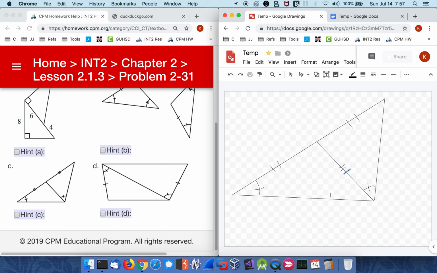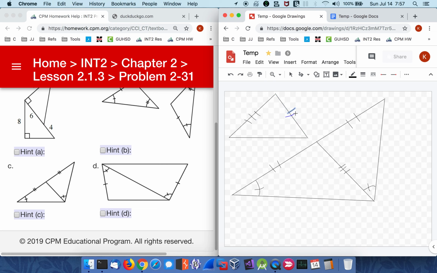But unfortunately, I don't think that this necessarily tells us. So we have side, side, angle, but this side isn't the same side, right? If I take this triangle right here and rotate it, I get 3 on this side, because that's that one.